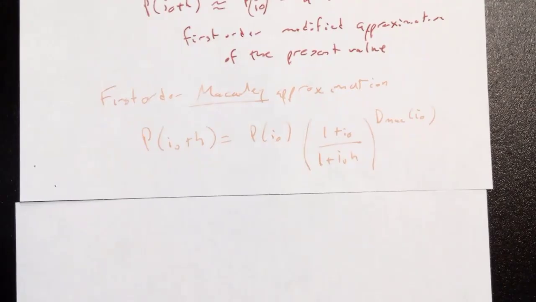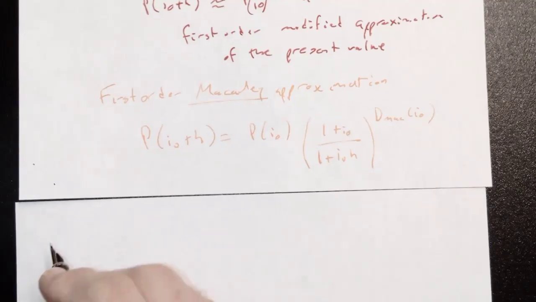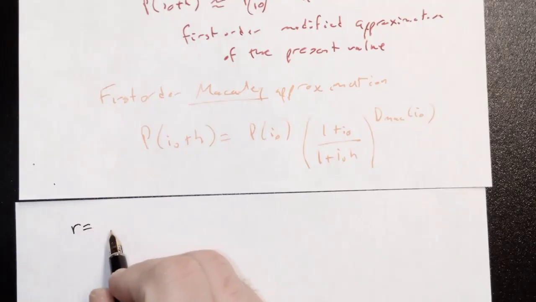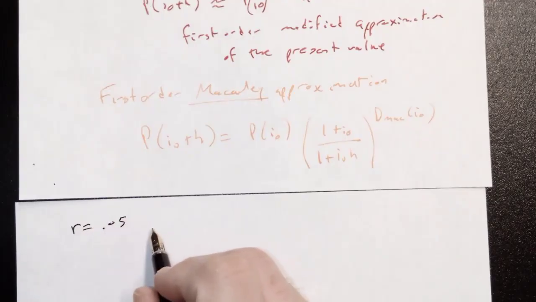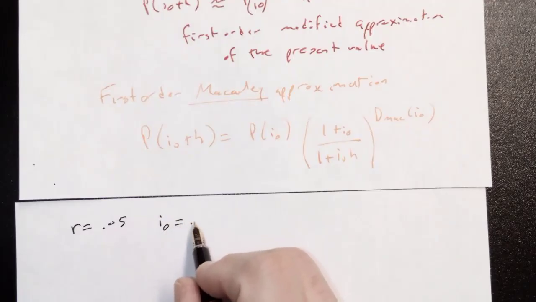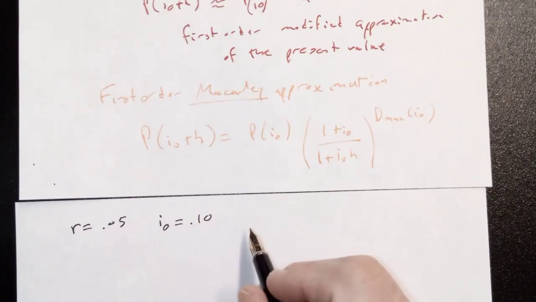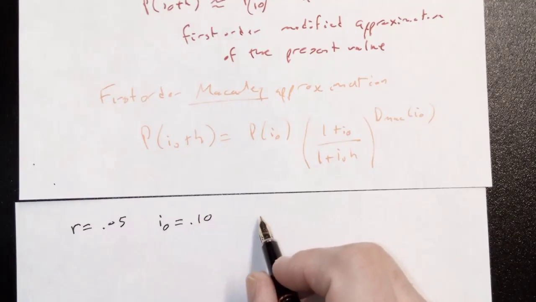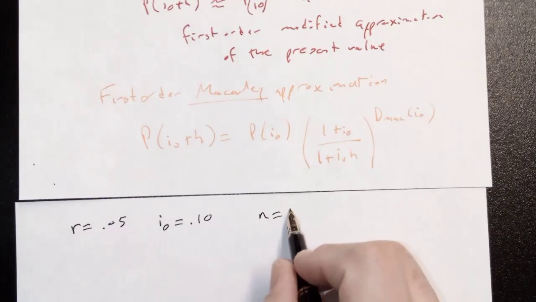Let's look at one of the bonds from that example. I'm going to use R equals 0.05. The interest rate I0 will be 0.10, and we'll use N equals 10.